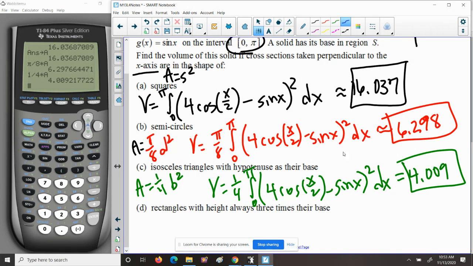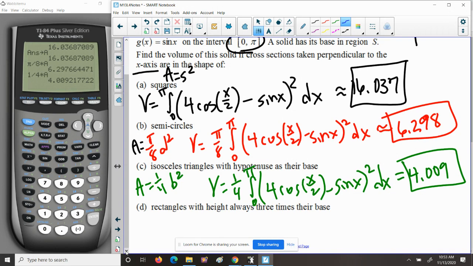Now, here's a new one for us. Rectangles with height always 3 times their base. Okay, so we know the area of a rectangle is base times height. Well, if the height is always 3 times their base, then we plug in 3 base for the height. That gives us 3 times the base squared. So our volume would be 3 times the integral from 0 to pi of the base squared.